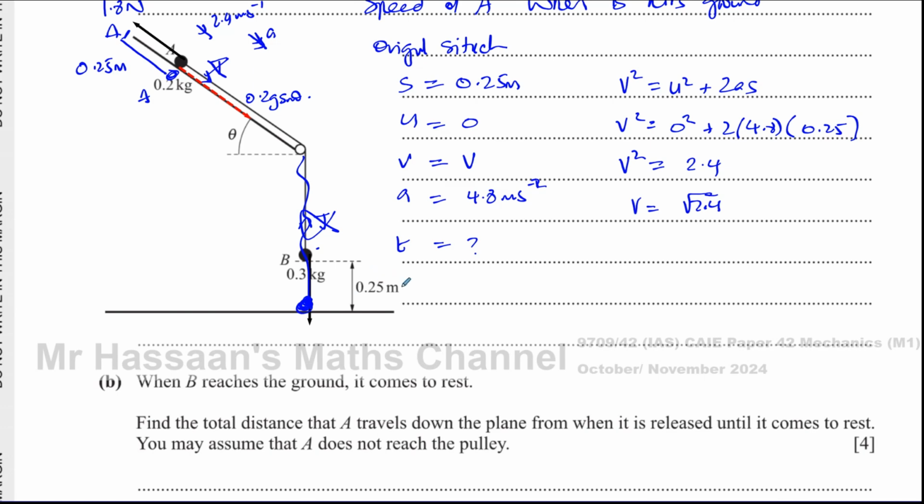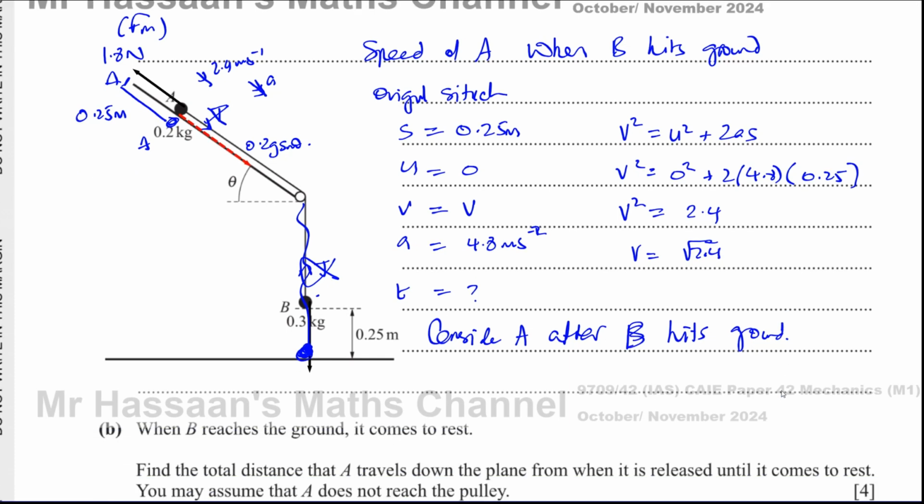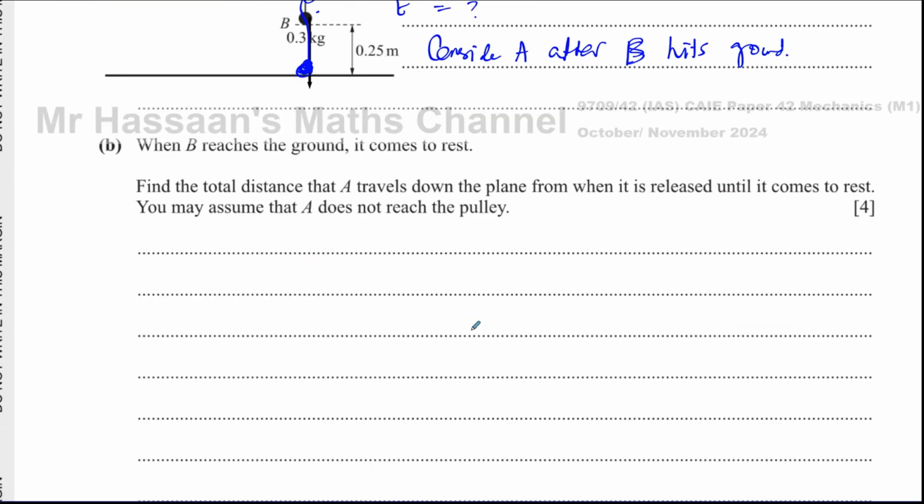So the change in situation now is that the acceleration is going to change at this point. Consider A after B hits the ground. Now the acceleration is going to change, so I'll do this down here.